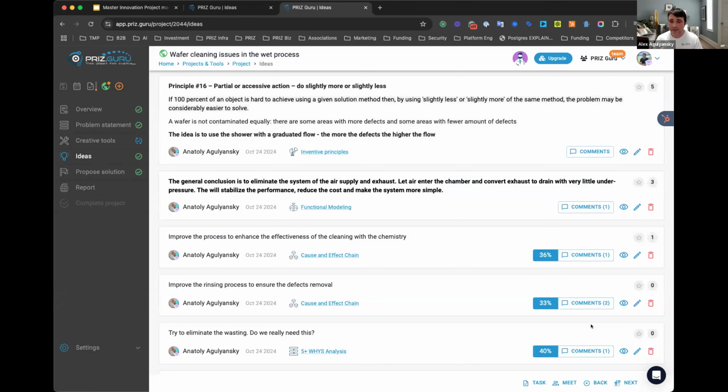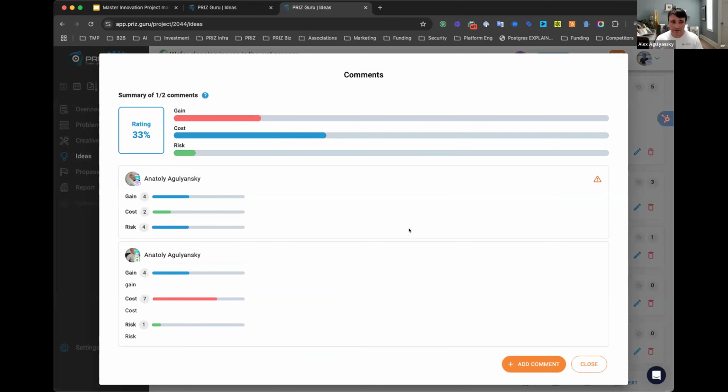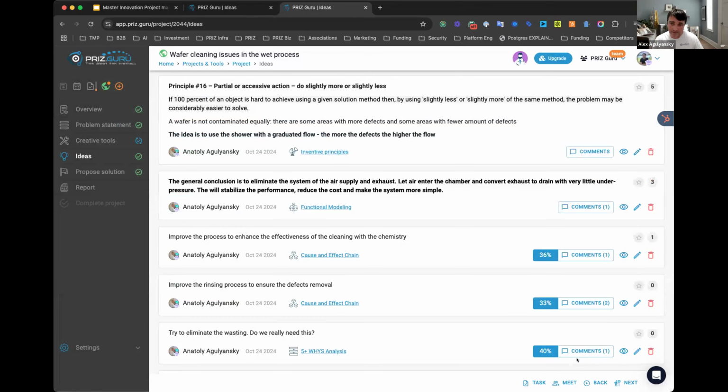If multiple people contribute, it's all calculated together. That's another tool that helps us think about which idea to take forward and which not.